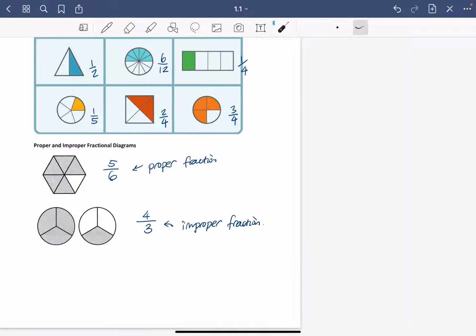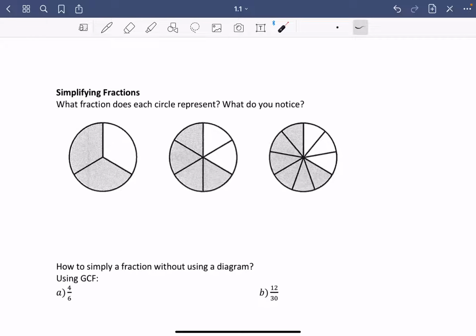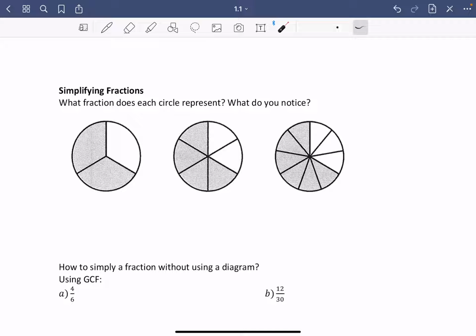Okay, so the next section is to simplify fractions. Let's write down what the fraction for each circle is. The first circle, we have a circle that's been divided into 3 pieces. So how many are shaded? 1, 2, 2 parts, right?